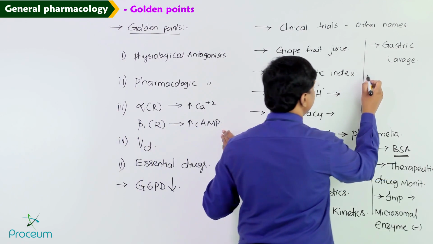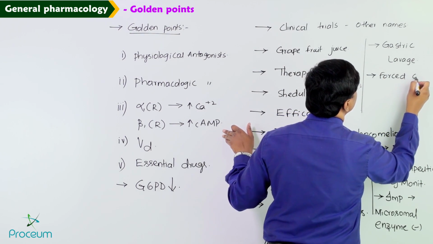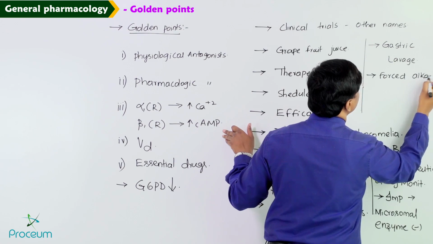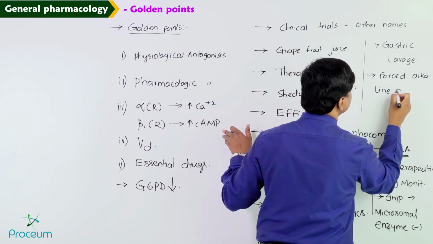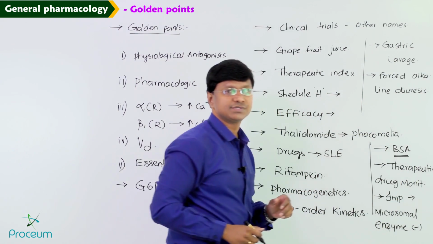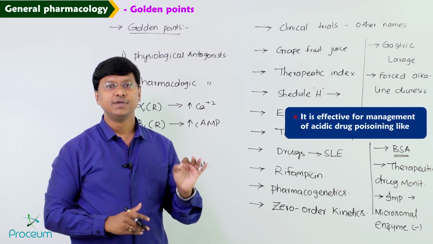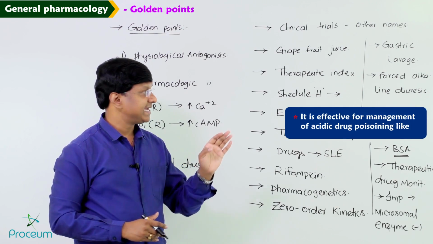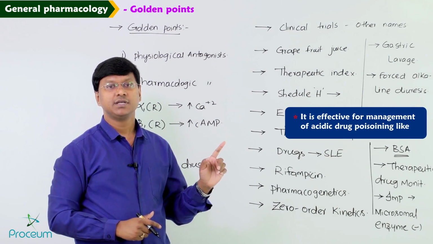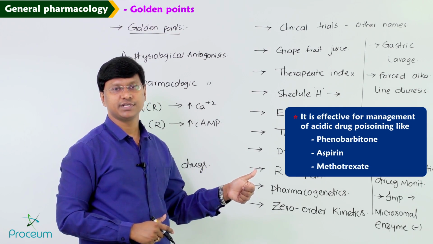Next we have discussed what is called forced alkaline diuresis. Forced alkaline diuresis is effective for the management of acidic drug poisoning like phenobarbital, aspirin and methotrexate.